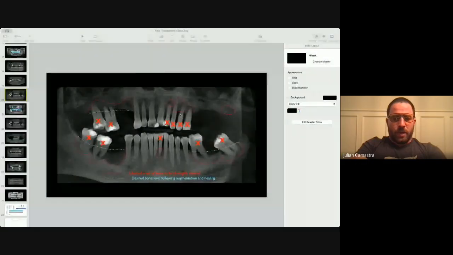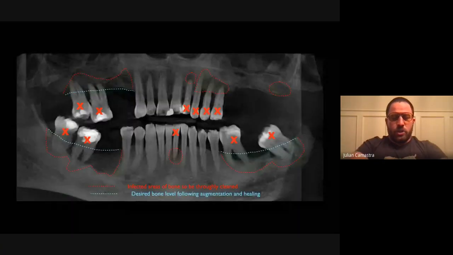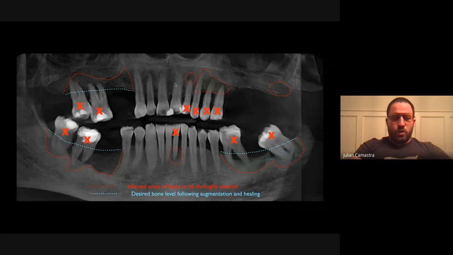Okay, so this shows a patient who has a lot of gum disease.